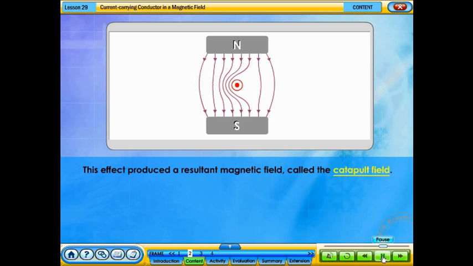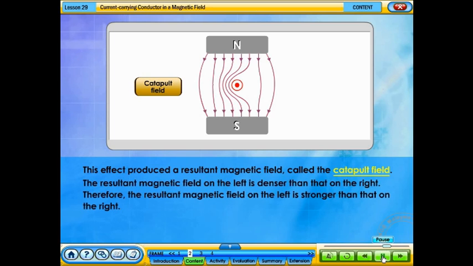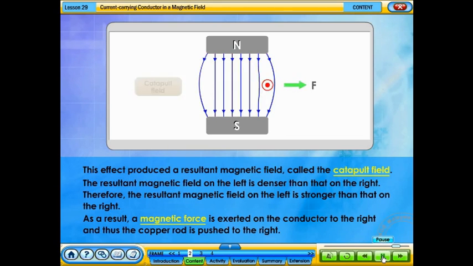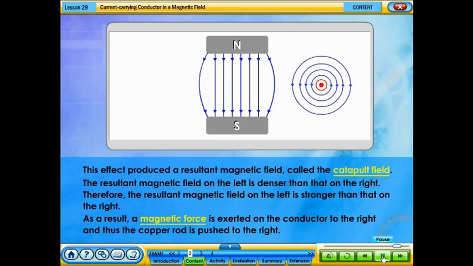This effect produces a resultant magnetic field called the catapult field. The resultant magnetic field on the left is denser than that on the right. Therefore, the resultant magnetic field on the left is stronger than that on the right. As a result, a magnetic force is exerted on the conductor to the right, and thus the copper rod is pushed to the right.